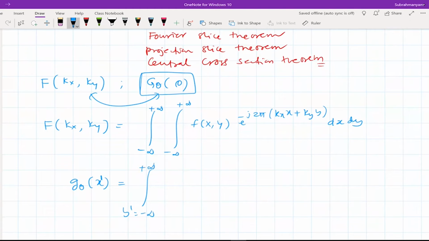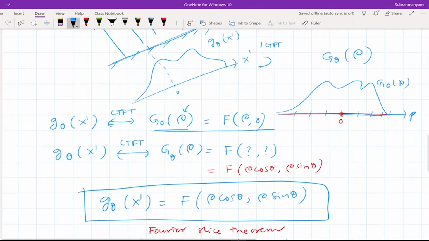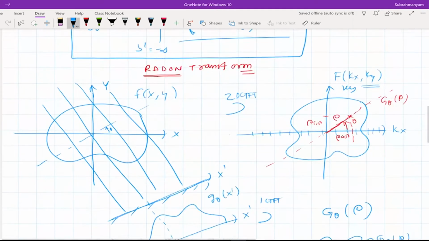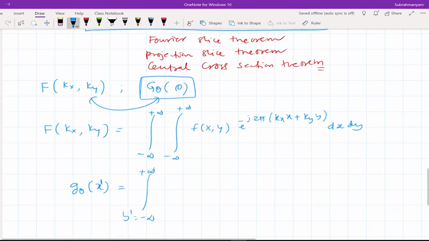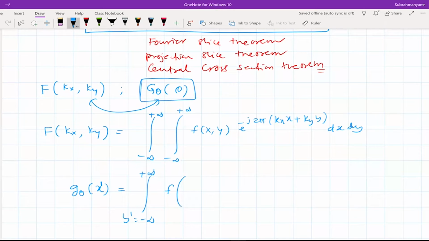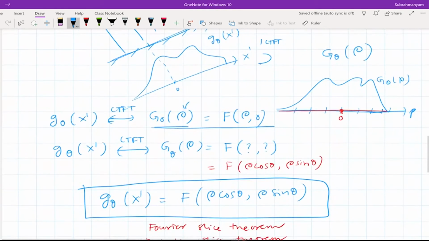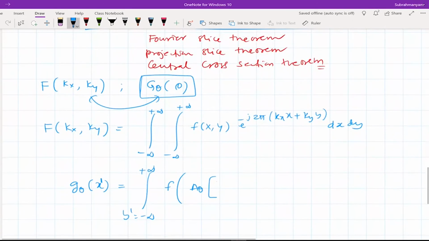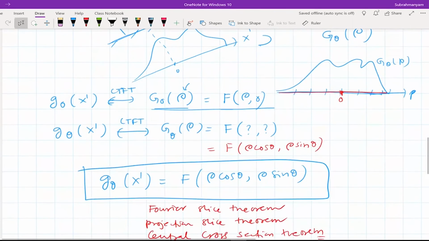That is y prime varying from minus infinity to plus infinity, f of a theta times x prime y prime, dy prime. I'm just rewriting the expression which we have done here.